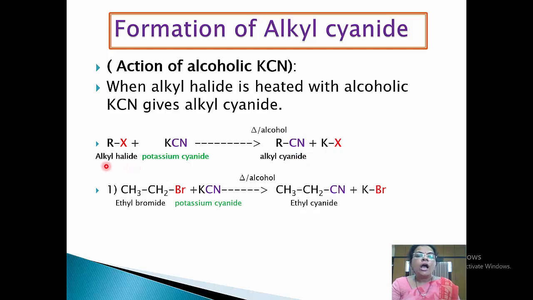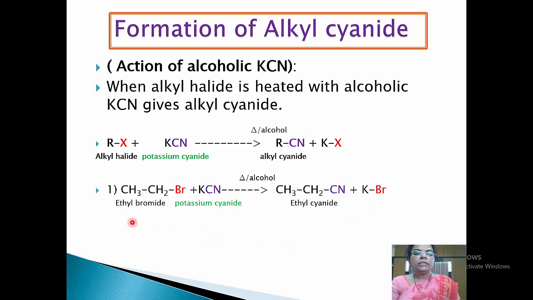The reaction is RX plus KCN in alcoholic medium, heated, gives RCN plus KX. In this reaction, the halogen atom is replaced by the cyanide group, that is the CN group. Now an example: when ethyl bromide is boiled with potassium cyanide in alcoholic medium, it gives ethyl cyanide plus potassium bromide.